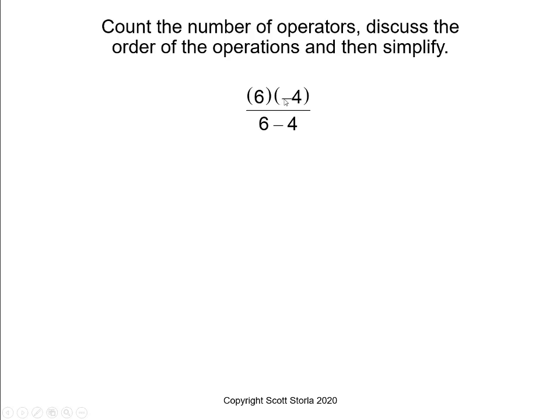The signs are different, so it's negative 24. 6 minus 4 is 2. And then negative 24 divided by 2, I'll think of as 24 divided by 2. That'll give me 12. And then the signs are different, so it'll be negative 12.